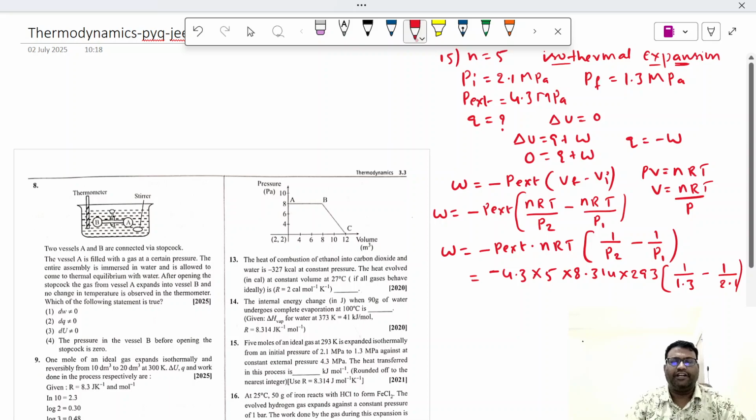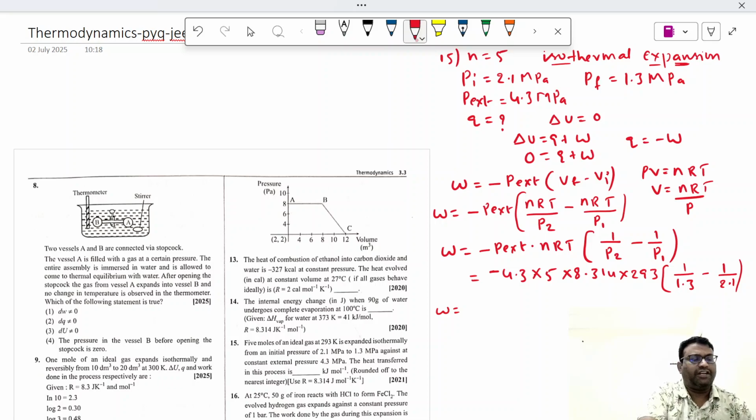So this is the data, right? Then work done, what answer will you get? So the final answer is, your work done answer is, you will get it as minus 15347.7 joule.